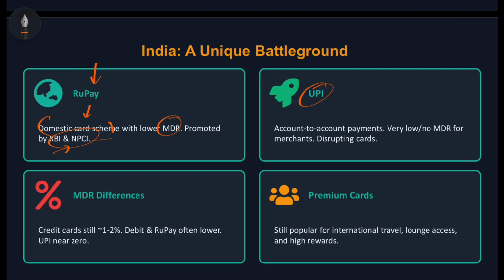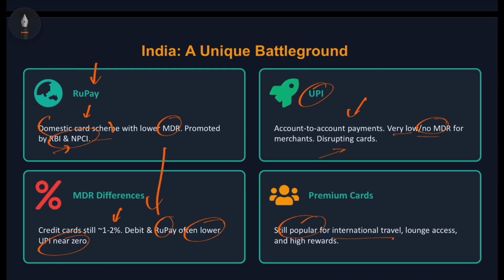We also have an excellent network of UPI, which is basically account to account payments with very low to no MDR at all, right? And it is actually disrupting cards, right? The credit cards still use 1 to 2% in MDR, and debit and RuPay often charge quite lower, right? And UPI is actually near zero.